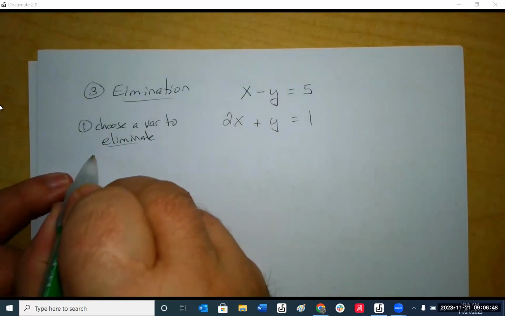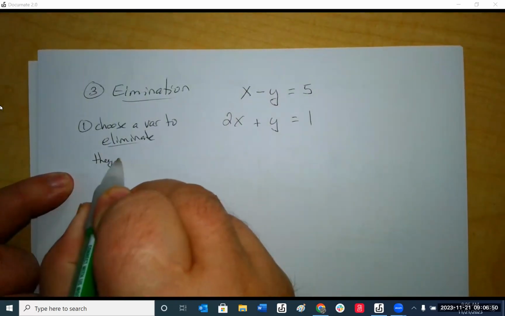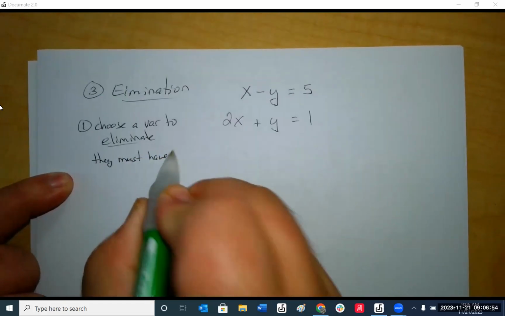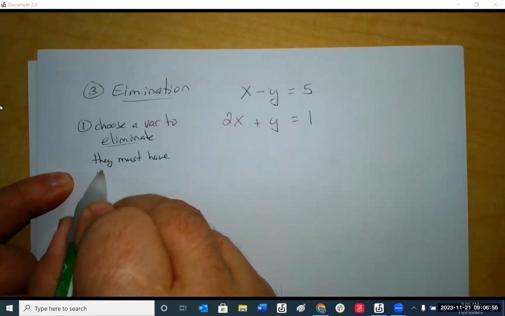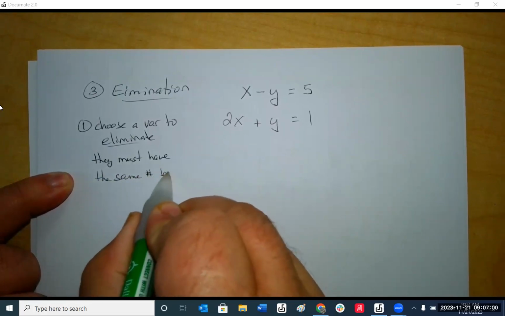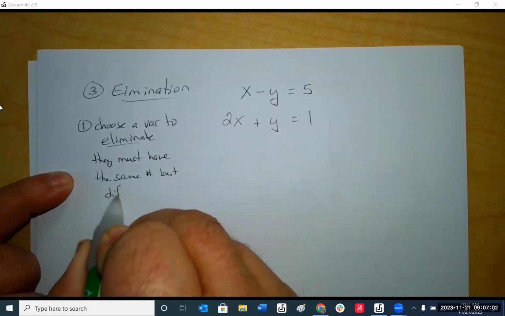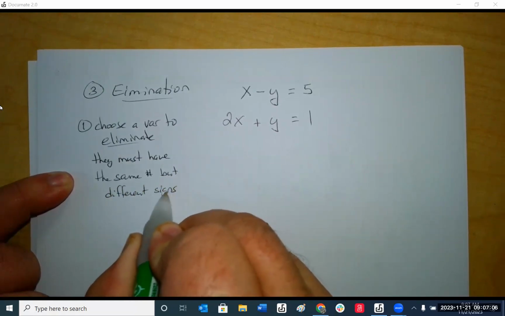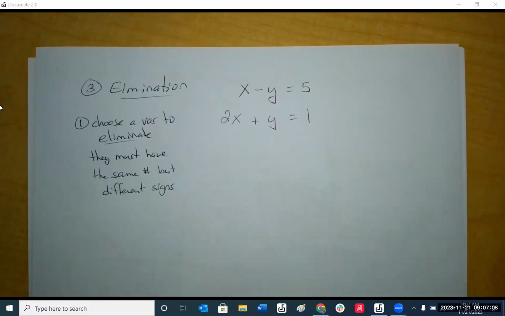To eliminate it, they must be opposites, must have the same number but different signs in front of it.